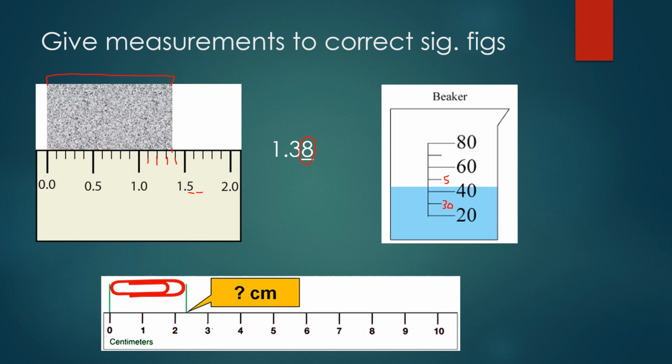20, 30, 40, 50. Okay, well let's use our identification of significant figures and see. Looking at this 20, does the 2 count? Yes, it does. Does the 0 count? No, it doesn't. Okay, because remember, zeros can't count unless there's a decimal point present.